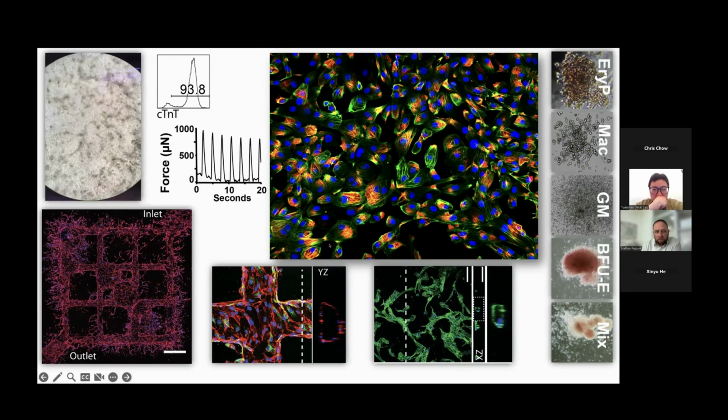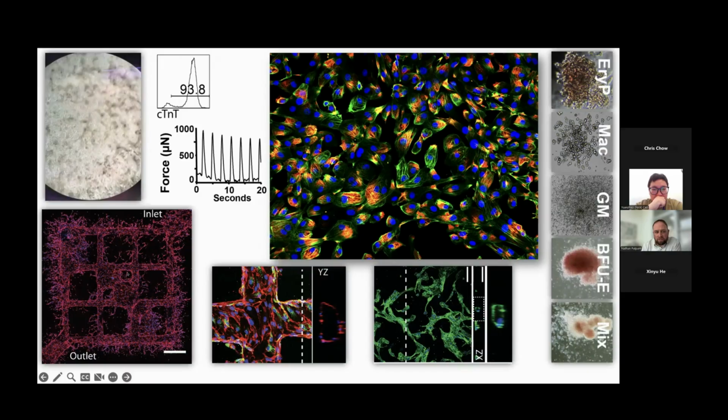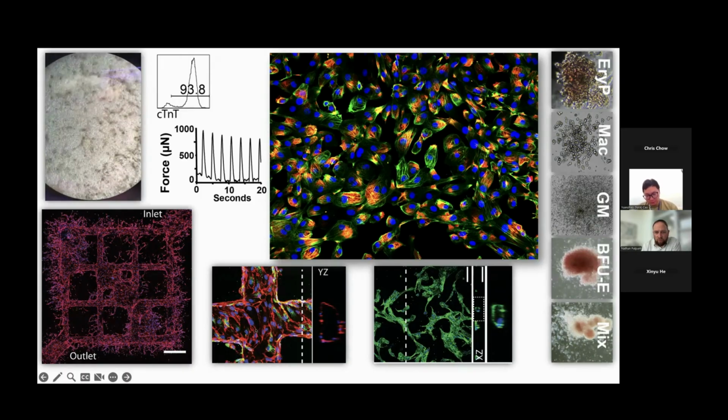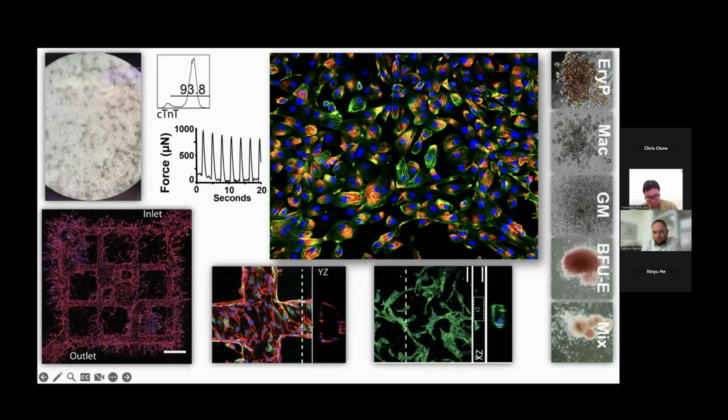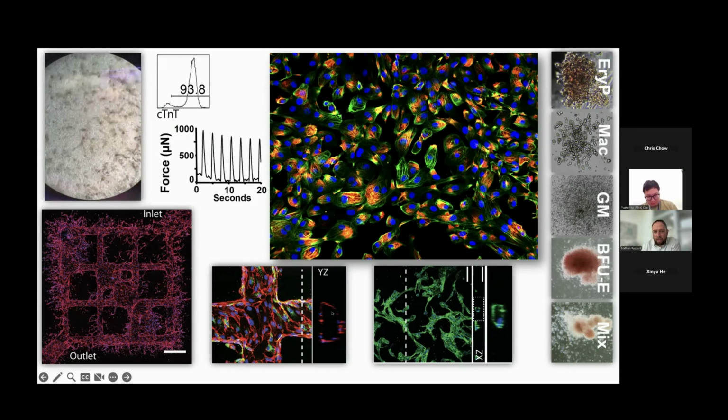But we also can make cells of the vascular system, and this is a vascular network here where we differentiate the cells into endothelial cells, and they make these beautiful networks that can form tubes in a gel. Just like the cells would form a tube when they're being formed into the blood vessels of your own body. And they intrinsically know how to do this, which is really quite a remarkable task.